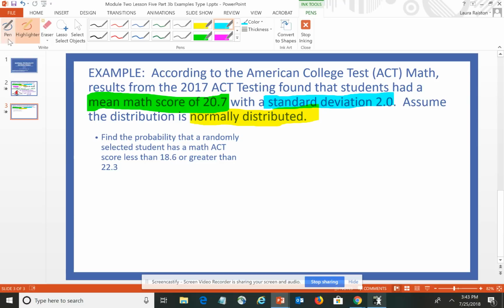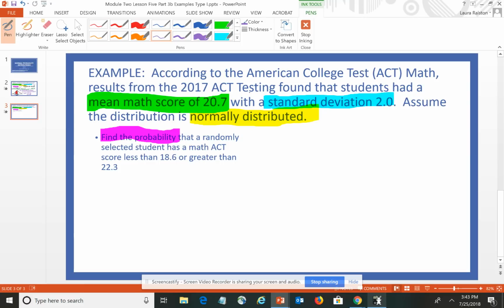So all of that holds true. And again, we're being asked to find the probability. Now, this one's a little bit tricky, and it's different from all the others because it says a score less than 18.6 or greater than 22.3. So you really have two options here.